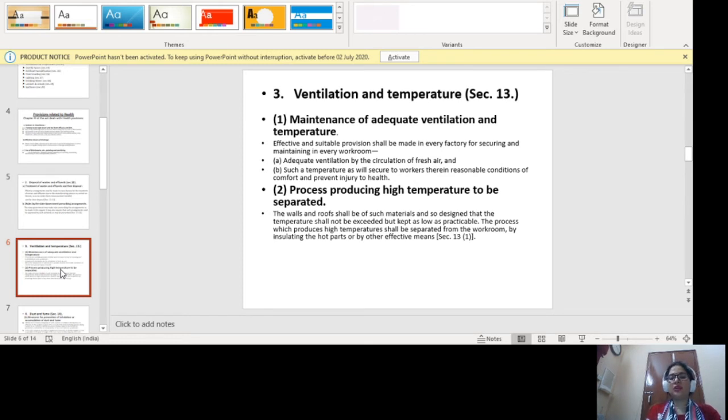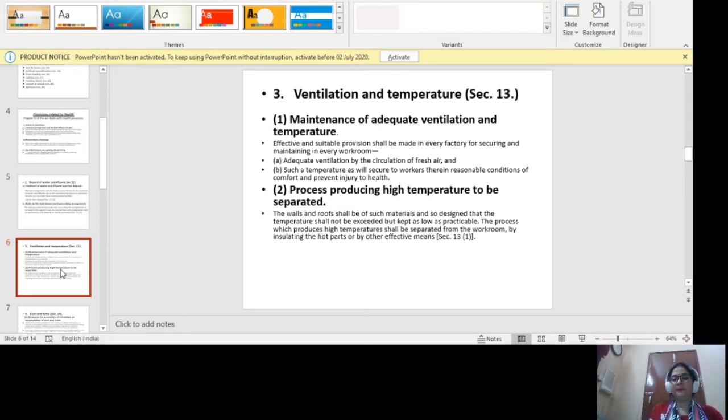Effective and suitable provisions shall be made in every factory for securing and maintaining in every workroom proper provision for adequate ventilation by the circulation of fresh air and such a temperature as will secure to workers reasonable conditions of comfort and prevent injury to health. Means there should be proper ventilation and a temperature which is not injurious to the health of workers in any factory.